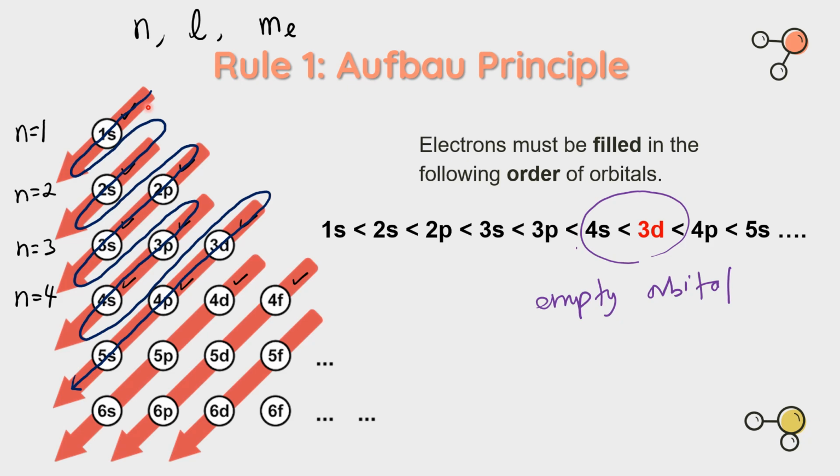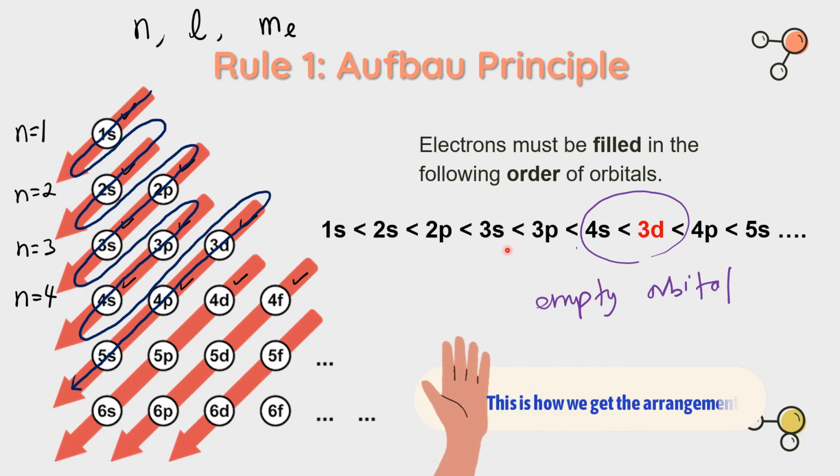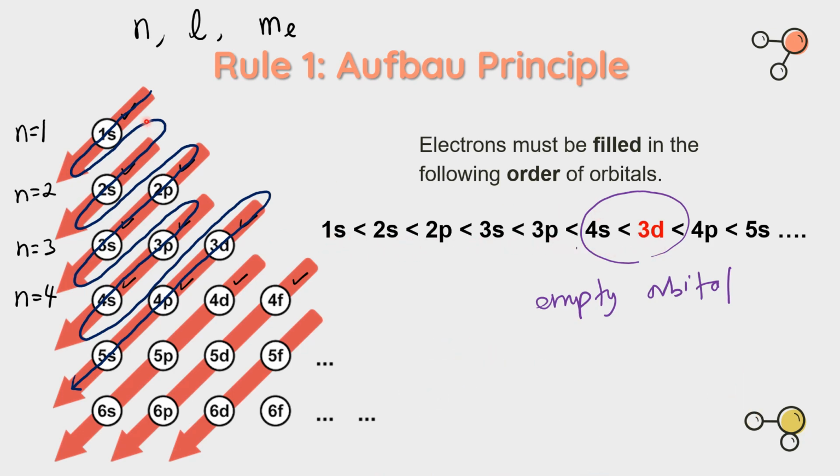As I move my lines crossing these orbitals, this will give you the idea on how to arrange these orbitals in the sequence of the increasing energy level. So we start crossing the 1s just now, and then 2s, later 2p, 3s, 3p, 4s, 3d, 4p, and 5s.